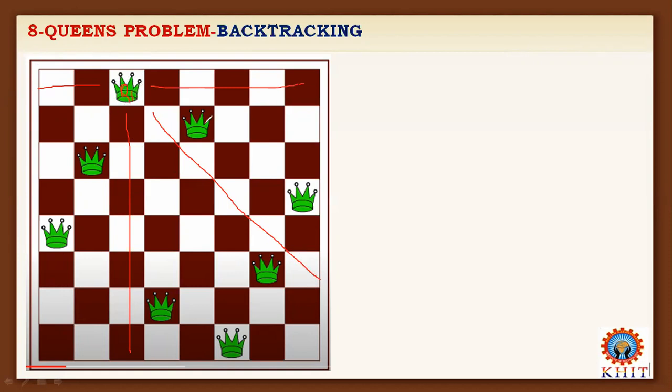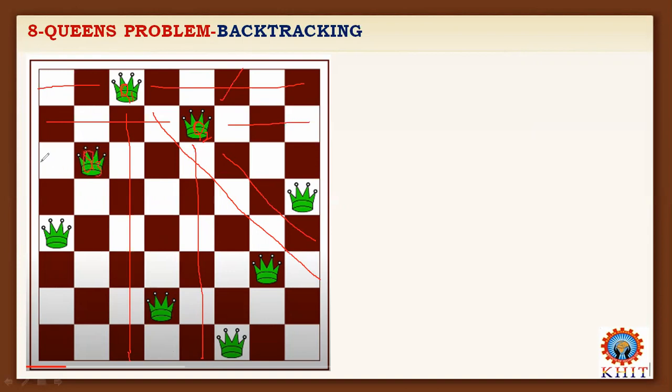Next, think about Q2. Is it possible or not? If you place Q2, all rows are blocked, columns are also blocked, and diagonals are also blocked here. Next you can check Q3.